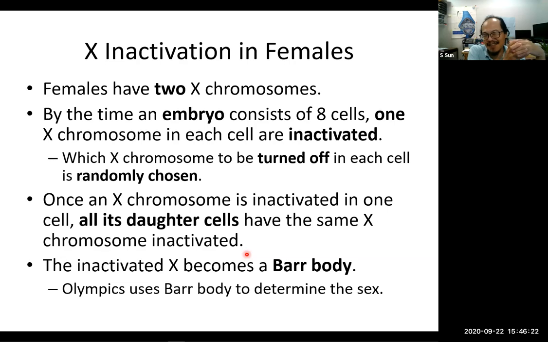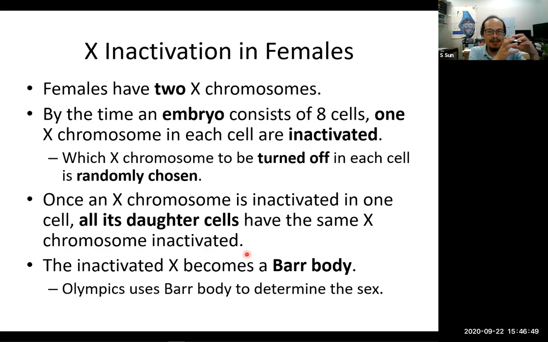But the cell doesn't need two X's, right? Because the male only has one X and it works fine. So the female will try to save energy and only use one X, and the other X will be inactivated, okay?